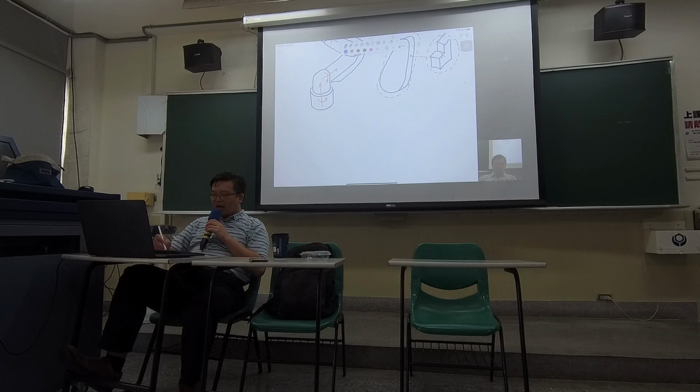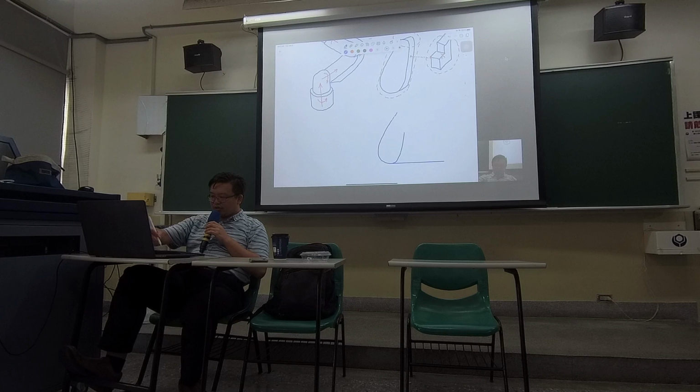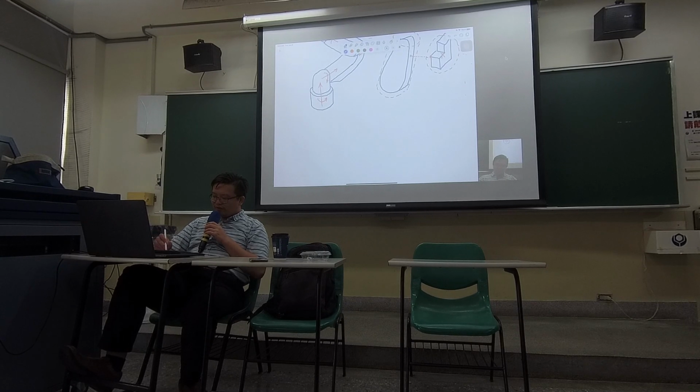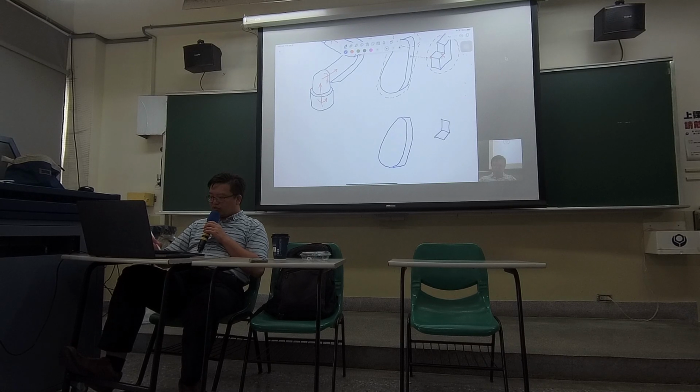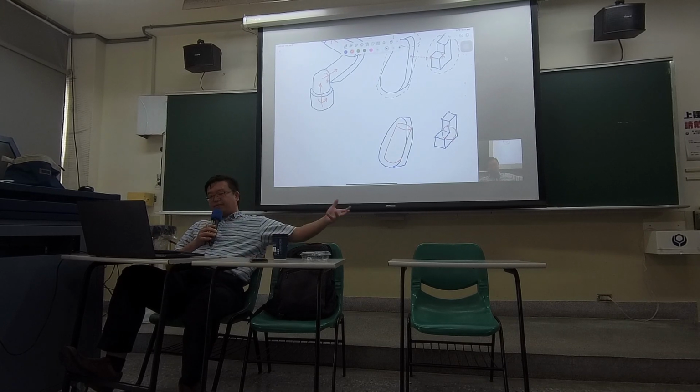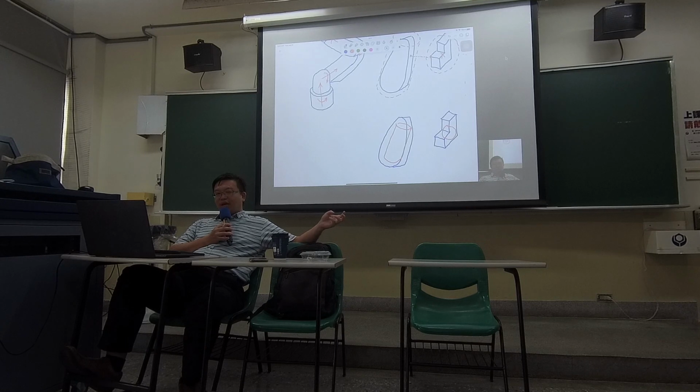Let's say I have a simplified geometry inside and a simplified ball inside, then when the ball and the cylinder contact, I already collide.